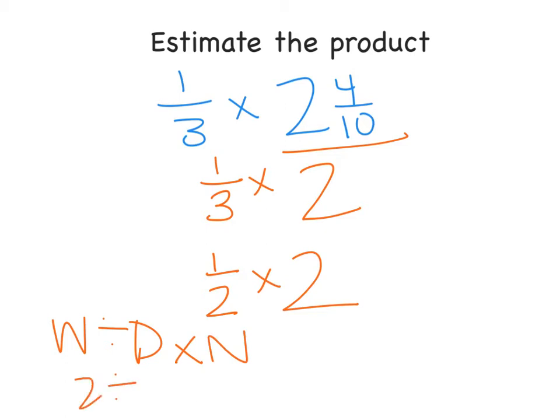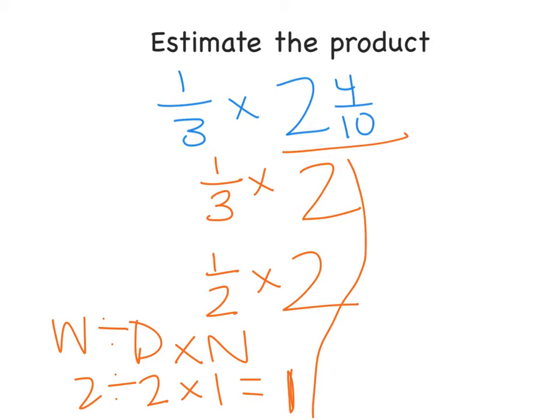So 2 divided by 2 times 1 would be 1. I could also, with something like this, change that 2 to a 3, even though it's 2 4/10.